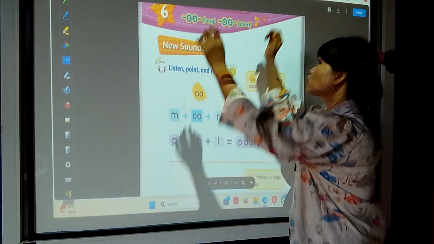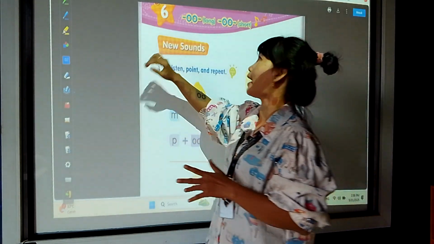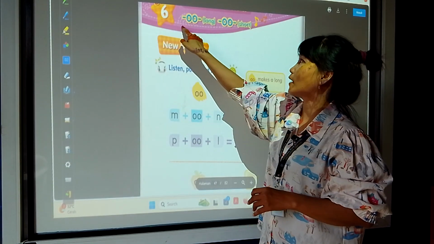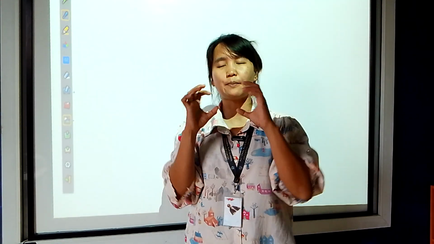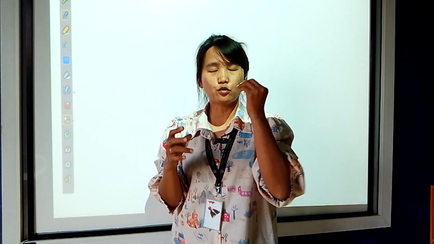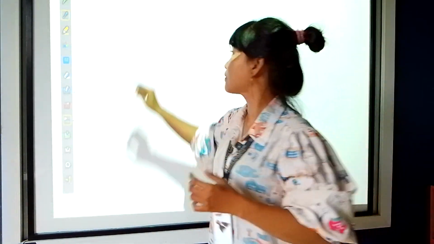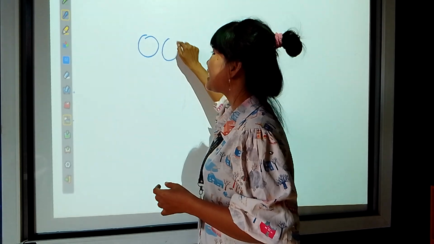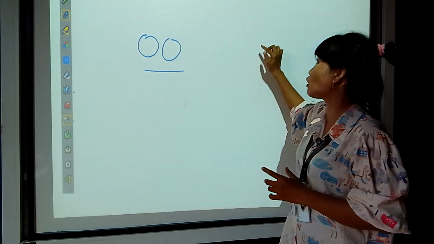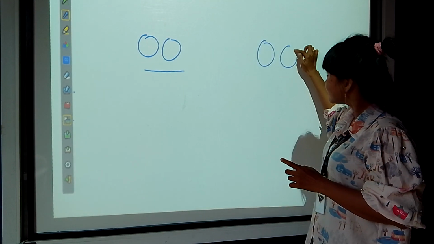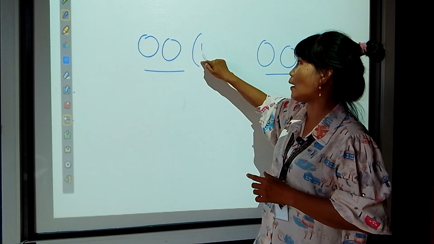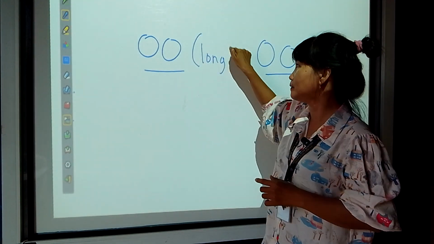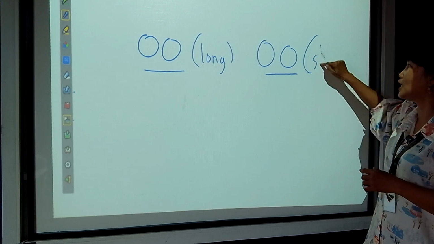Wow, so this one is our new sounds, okay? Alright, in our new sounds, we have two same letters, but the way you say it is not the same. Okay, so it's easy for you to recognize the letters because it's only like double O, but this one is long, and this one is short.